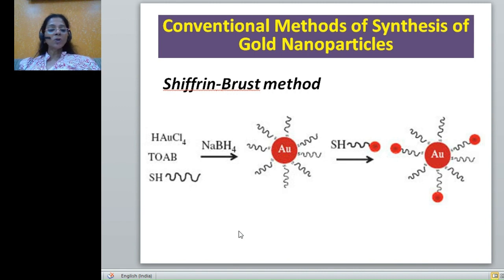So it is able to reduce it to auric 0, but then we need something which can control the cluster size, and to control the cluster size the mercaptans are used in this method, which act as the capping agent for the gold nanoparticle.